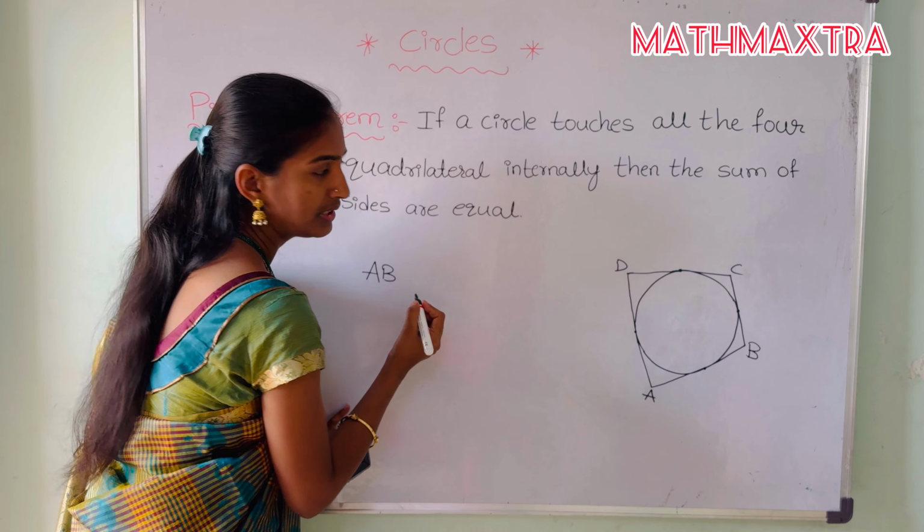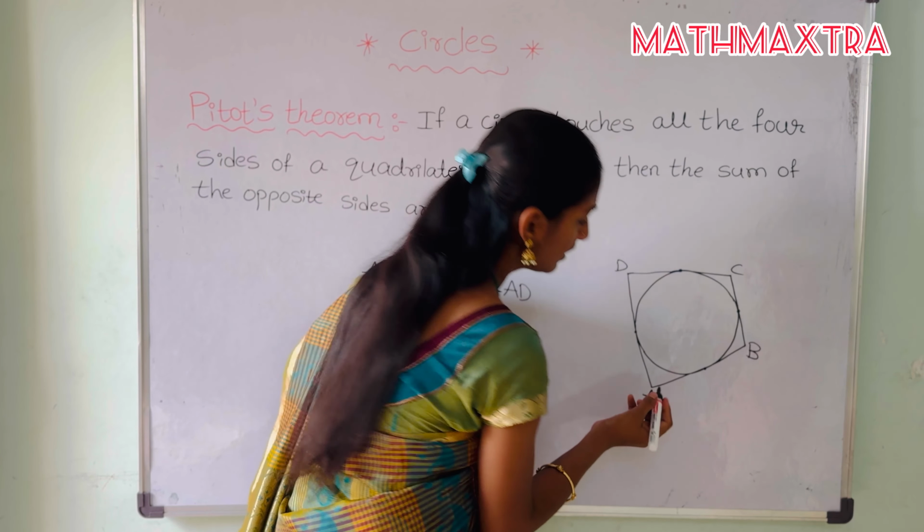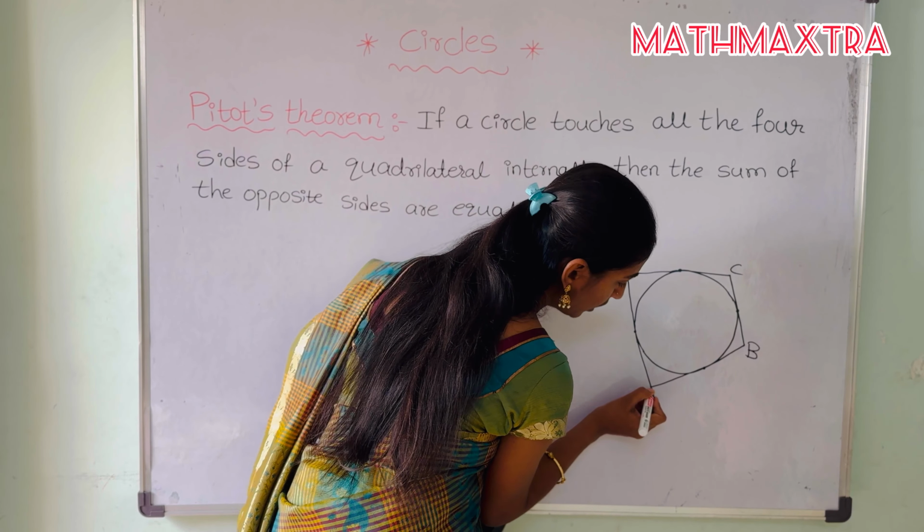Try to observe this figure. What does this vertex A represent? With respect to the circle, A is nothing but a point exterior to the circle. If you draw two tangents from an exterior point, we know that the tangents drawn from the external point are always equal.